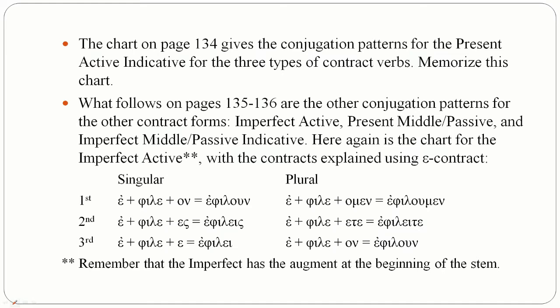Ephile, he, she, or it was loving. All right, so that is the imperfect active for phileo, the contract verb phileo. And you can go over the rest of the charts on pages 135 and 136 to get the other forms of the contract verbs.